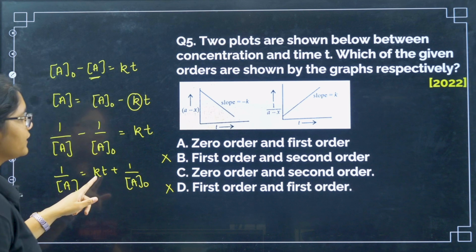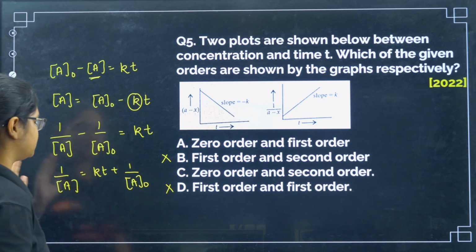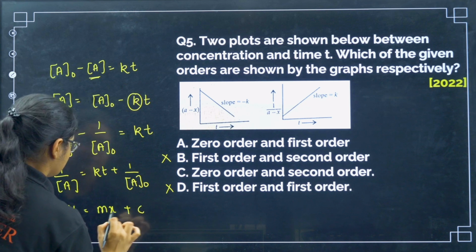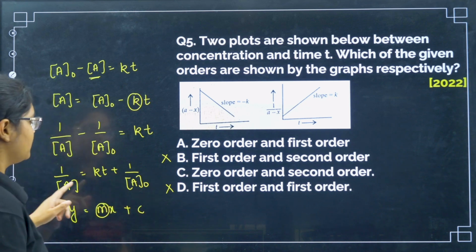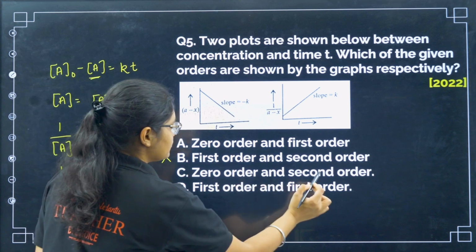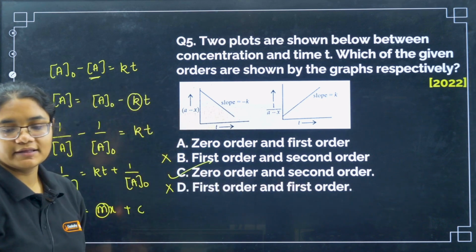Okay, so here K is positive, Y is equal to M into X plus C. So M is a positive slope here, which is K, and Y intercept is also there. So zeroth order and second order, option number C here.